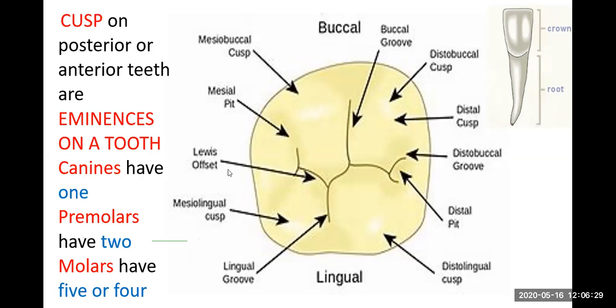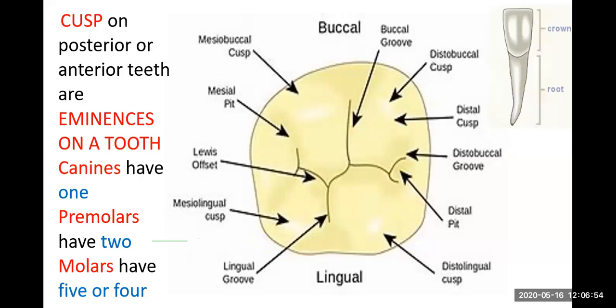These are, let me say, projections, elevations on a tooth. And this image shows you a lot about how to understand the different sides of all these curves. Until you understand them, it will be difficult for you to be able to define occlusion and understand it.